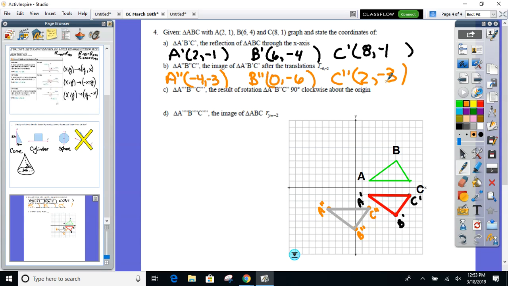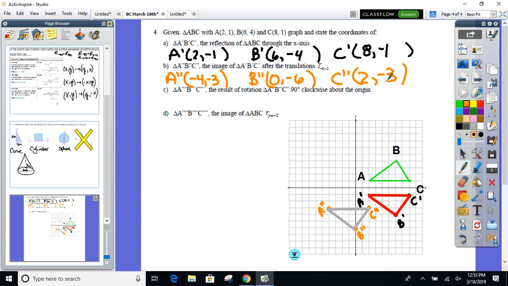Reflection, translation, no big deal. But now here comes some tougher stuff. Take the double prime coordinates and rotate them 90 degrees clockwise. Now you're going to show me if you know what clockwise or counterclockwise means here. So again, my recommendation, turn the paper, write the coordinates down, turn it back, graph them.